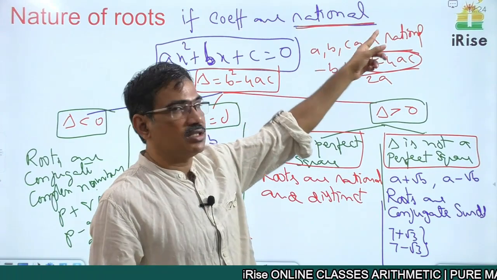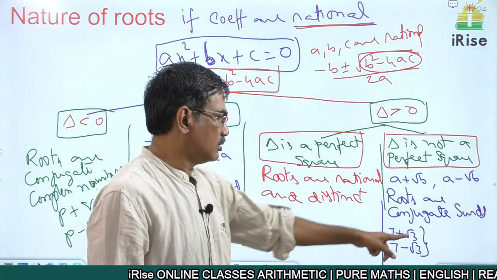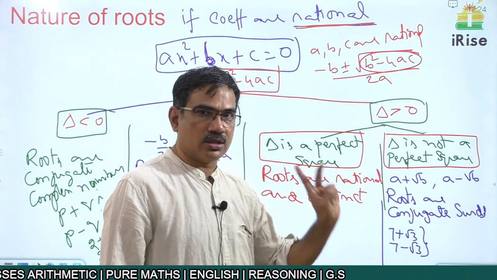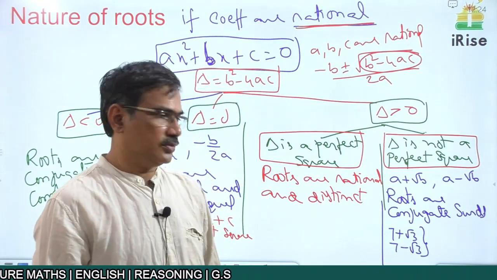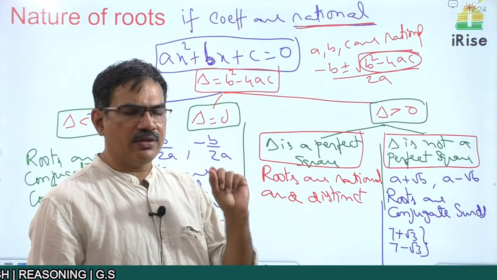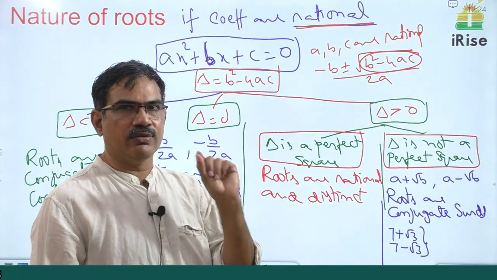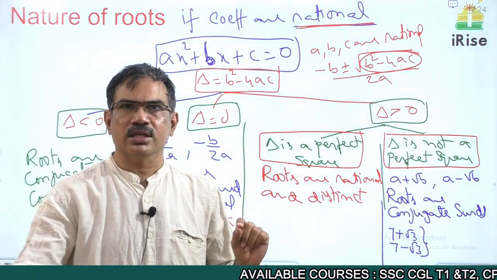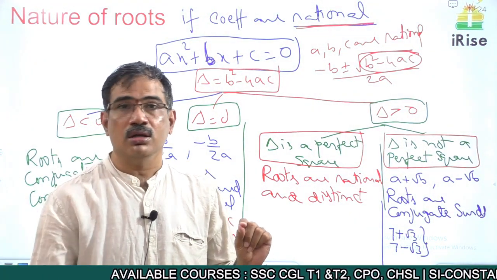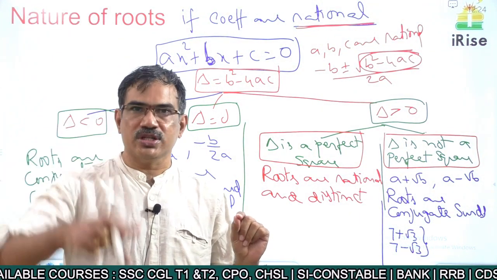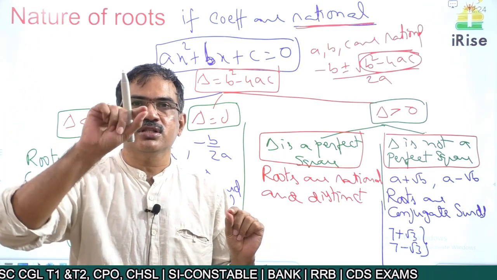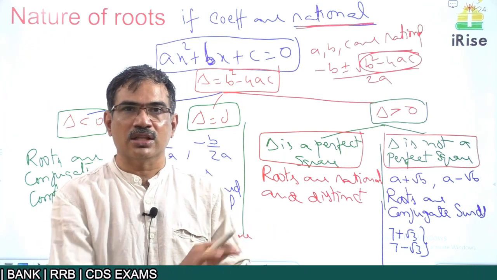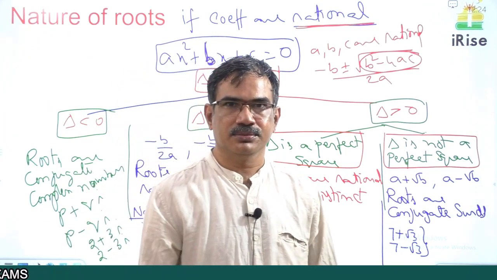If coefficients are real given, we can't say the roots are conjugate surds. A very, very important point. If one root is 2 plus root 3 given, generally saying that the second root is 2 minus root 3 is wrong. We have to check the coefficients. If coefficients are rational, then only we can write the second root, otherwise we can't.